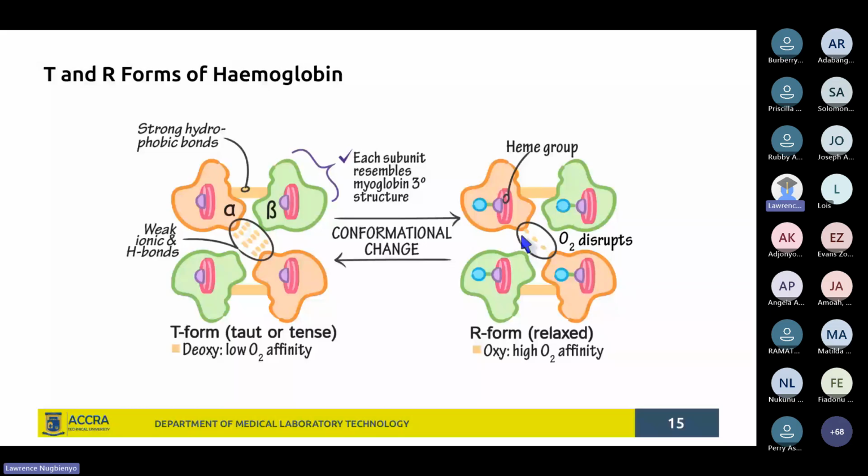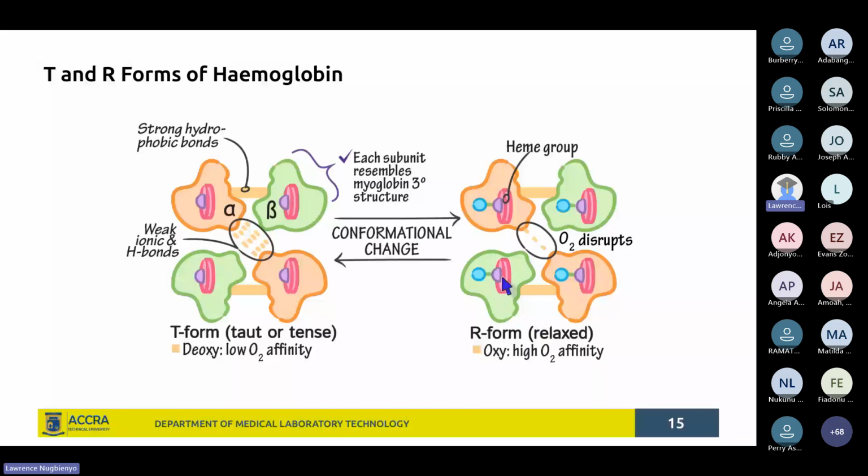So when oxygen binds to the hemoglobin molecules, that binding disrupts this bonding between the subunits, which causes that relaxation between the subunits. The molecule becomes relaxed, not held tight together, not tense, not taut. That's why it's referred to as the relaxed form. And it is the molecule that is carrying oxygen, and so it's oxyhemoglobin.